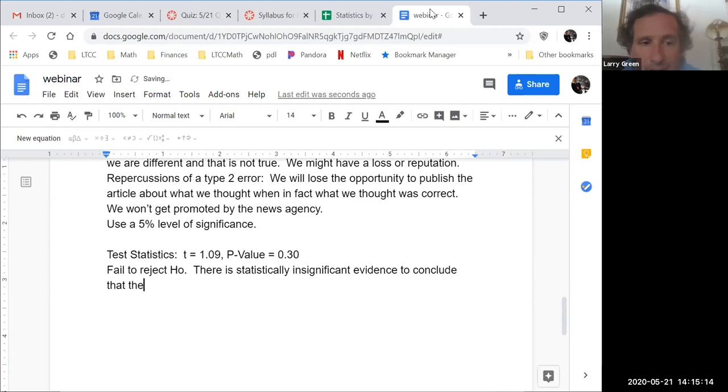that the population mean, remember that word has to be there. Population has to be there. I take off points if you don't have the word population. Population mean age of California, all right, CA, Congress people, differs from US Congress people.